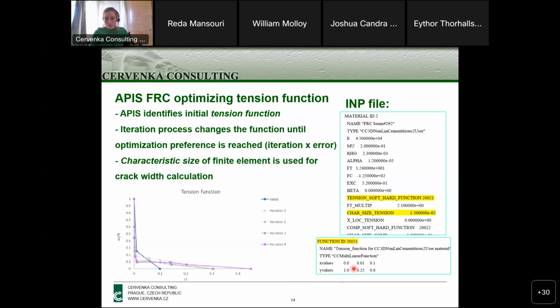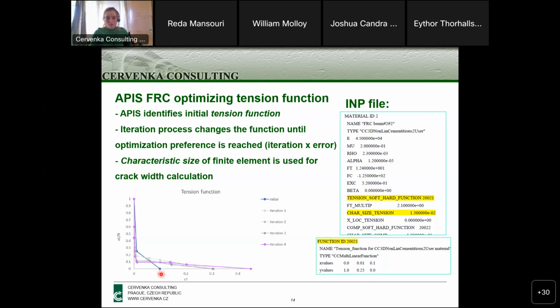As I mentioned before, it's a multilinear function. This one is made from 3 points, and on the diagram you can see the 3 points on the blue line. That is the initial one.